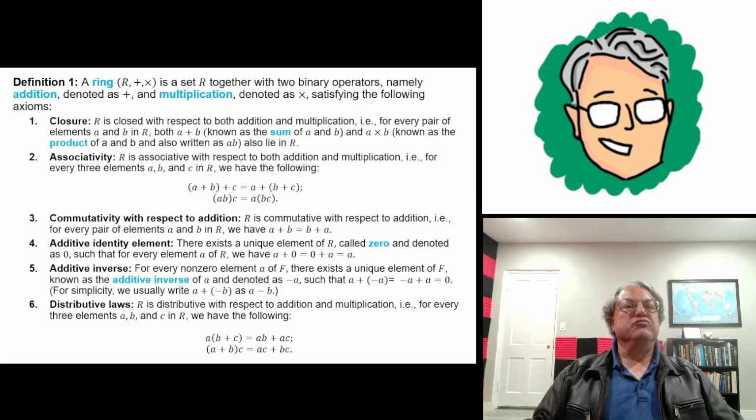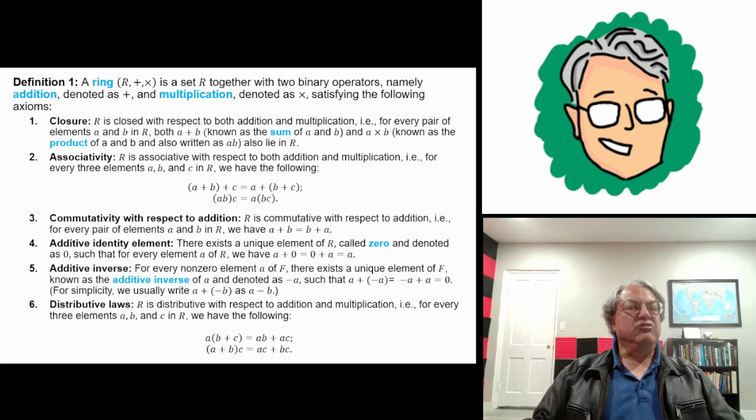We also don't necessarily have to have a multiplicative identity. If we did, we'd call it 1, but we don't have to have that. There are examples of rings that don't have multiplicative identities, and I think we will see some of those later. And then they have to have an additive inverse.